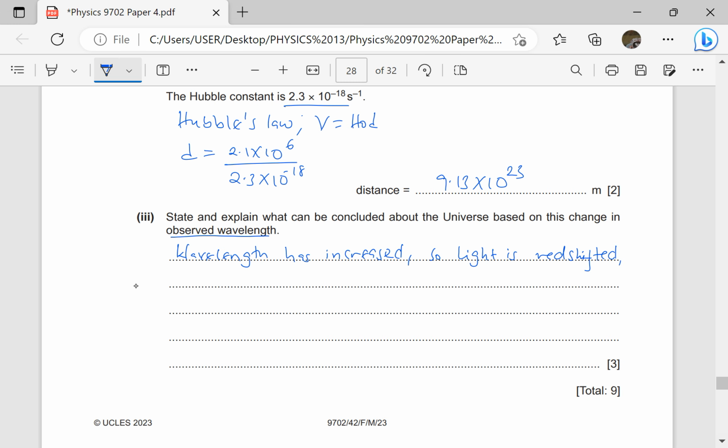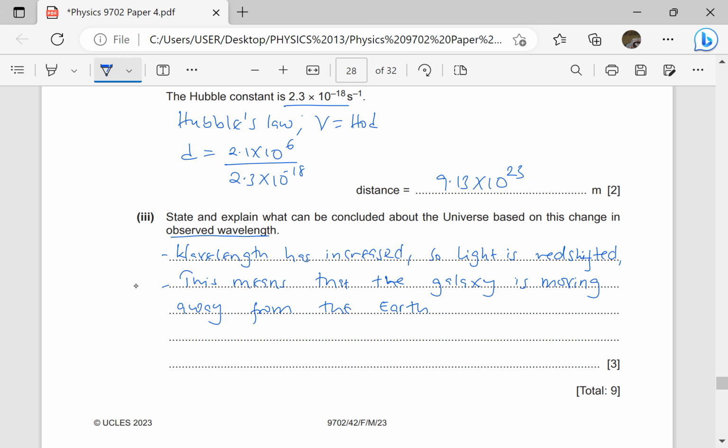What does this mean? This means that the galaxy is moving away from the Earth.